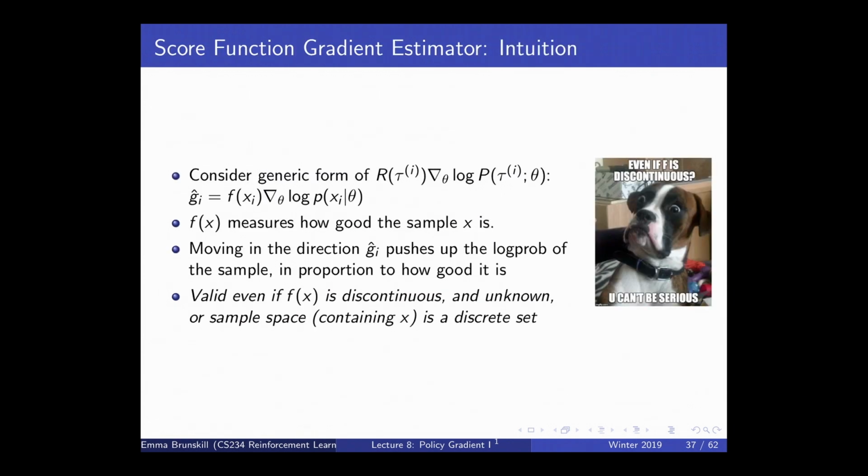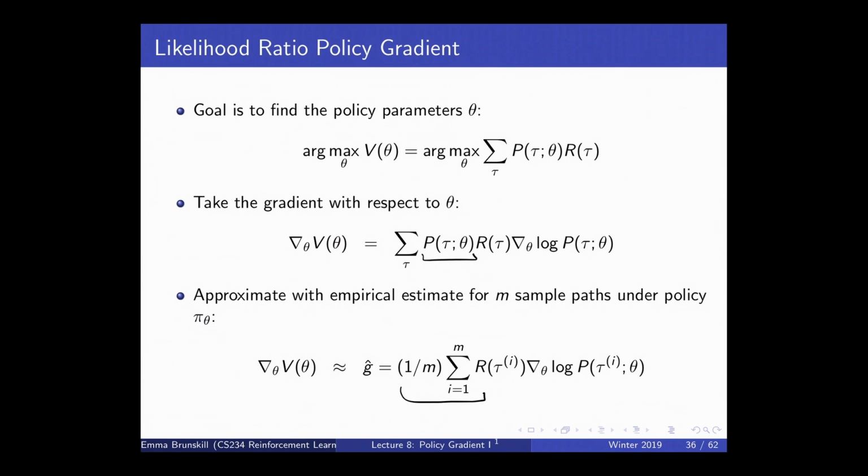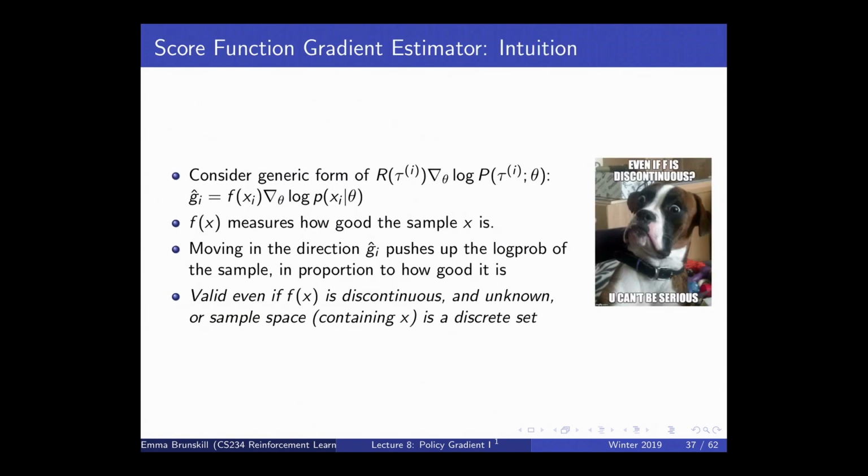So what is happening in this case? The gradient is the reward we get times the gradient of the log probability of that trajectory with respect to theta. We have a function, here the reward, which measures how good that particular trajectory or sample is.